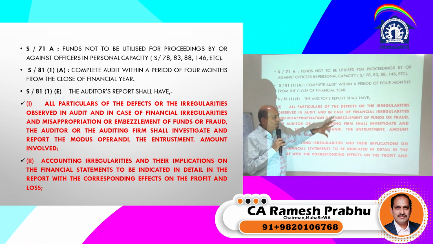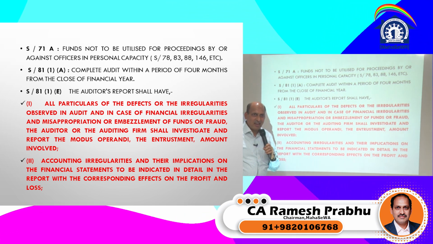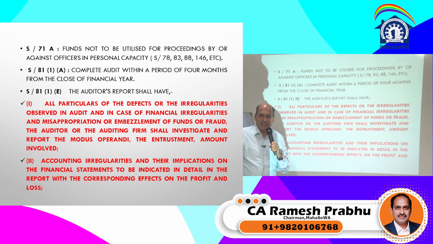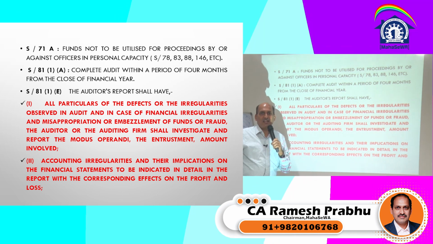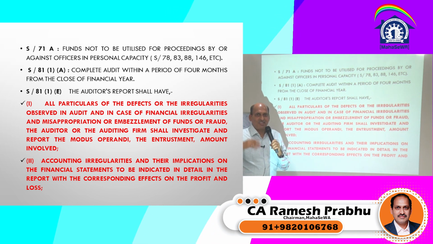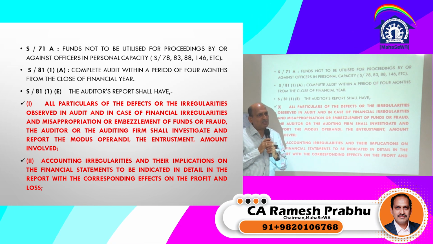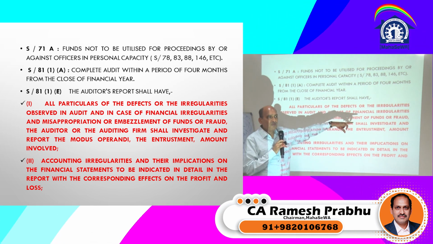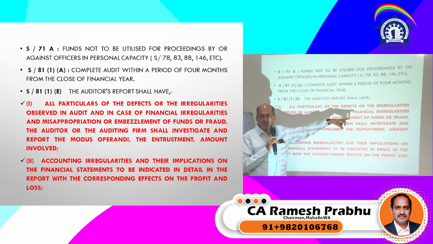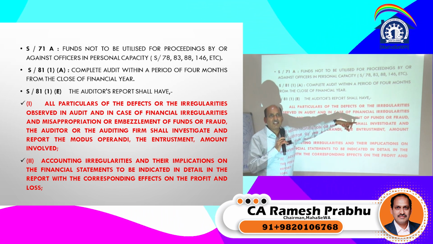Suppose there is a fixed deposit of 25 lakhs and the secretary takes away the 25 lakhs to his own account or misappropriates, that means he takes away to his own personal account, then that is a fraud. Without informing, with the bogus signature, he withdraws, that is a fraud.